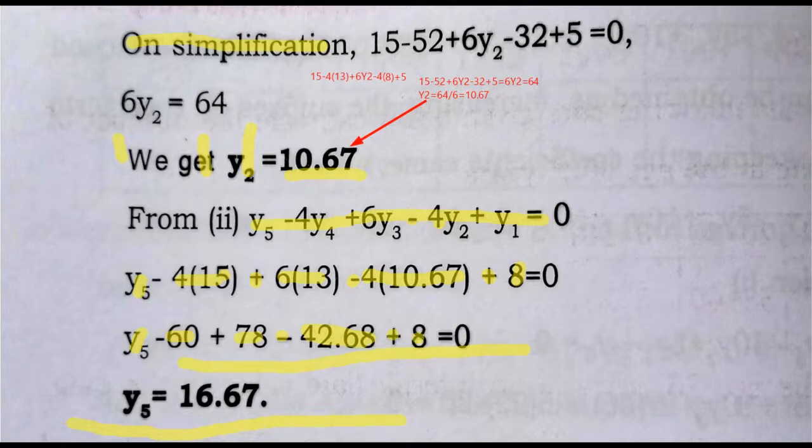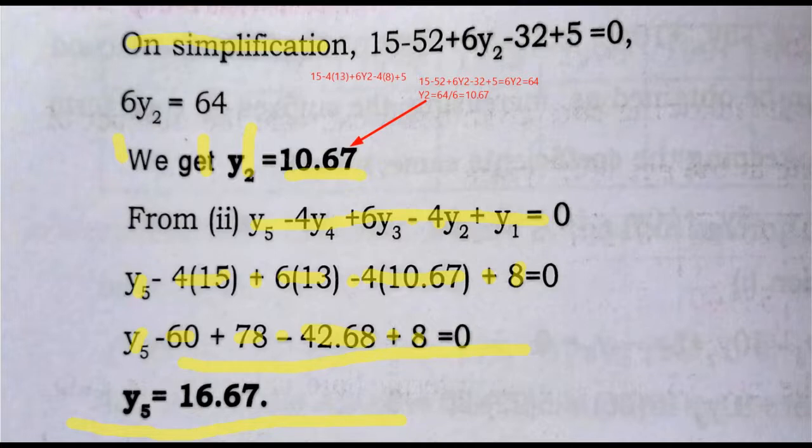So minus 60 minus 42.68, and plus 78 and plus 8.